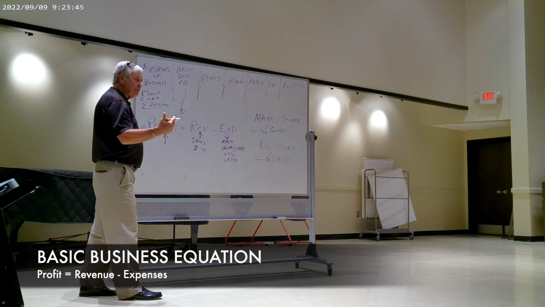This is a form of business issue, 5 decision makers. This is a basic business equation issue, profit equals revenue minus expenses. And this is a marketing issue, and you have the 4 P's, which we'll get to later. And then you go to the next question, all right? Maybe the next question is somebody stealing money, and it's a human resources issue.